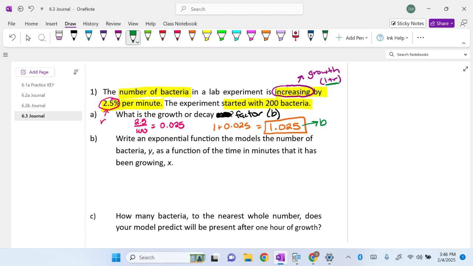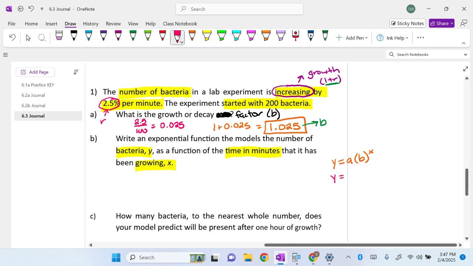Now we have to write an exponential function that models the number of bacteria, y, as a function of time in minutes, x. So, in other words, we are going to put this back into what we know about exponential functions, y equals a times b raised to the x power, which is the exact same as our exponential growth equation, y equals a times 1 plus r raised to the t value.